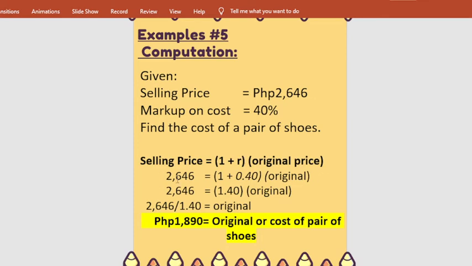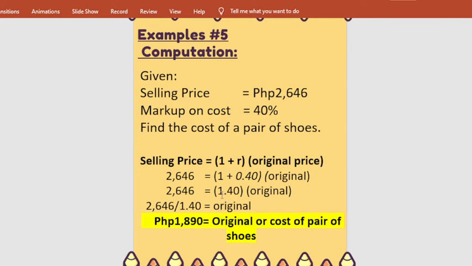So 2,646 is equal to 1 plus 0.40 times the original. We don't have the original because that is what we are looking for. So 2,646 is equal to 1.40 times the original.